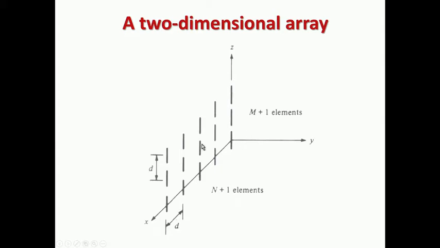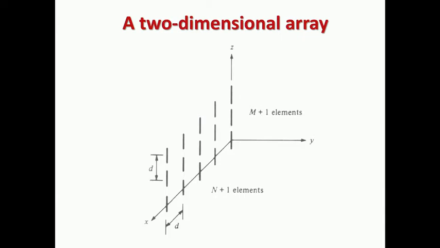So, I am considering, as before, n plus 1 elements along the x axis. Now, there are m plus 1 such linear arrays. So, total elements are n plus 1 into m plus 1. They have uniform spacing, that is why it is a uniform array, and the excitations are the same.